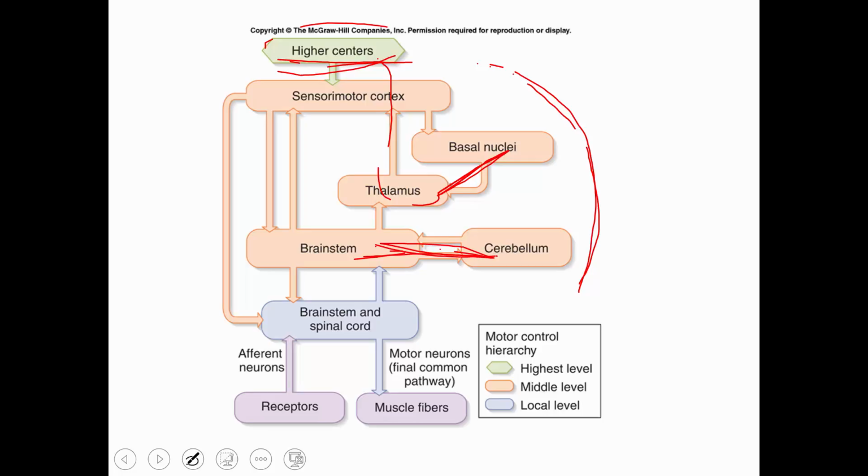And then with our lower center, there's a little bit of brainstem, mostly spinal cord. There are parts of the brainstem that we think of as an extension of the spinal cord. And then this is the final pathway, talking to the muscle fibers and getting sensory information back from the periphery.